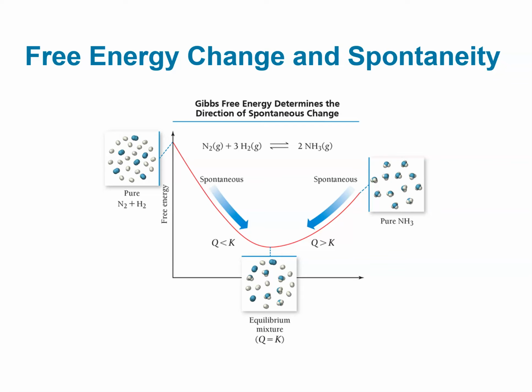And notice that if we have pure ammonia, it's going to be out of equilibrium and head backwards towards our reactants, which we're going to see in an equilibrium mixture. And if we were to start with pure nitrogen and hydrogen, it's going to be heading favorably back towards ammonia. And the equilibrium of our mixture is going to occur when delta G is 0.